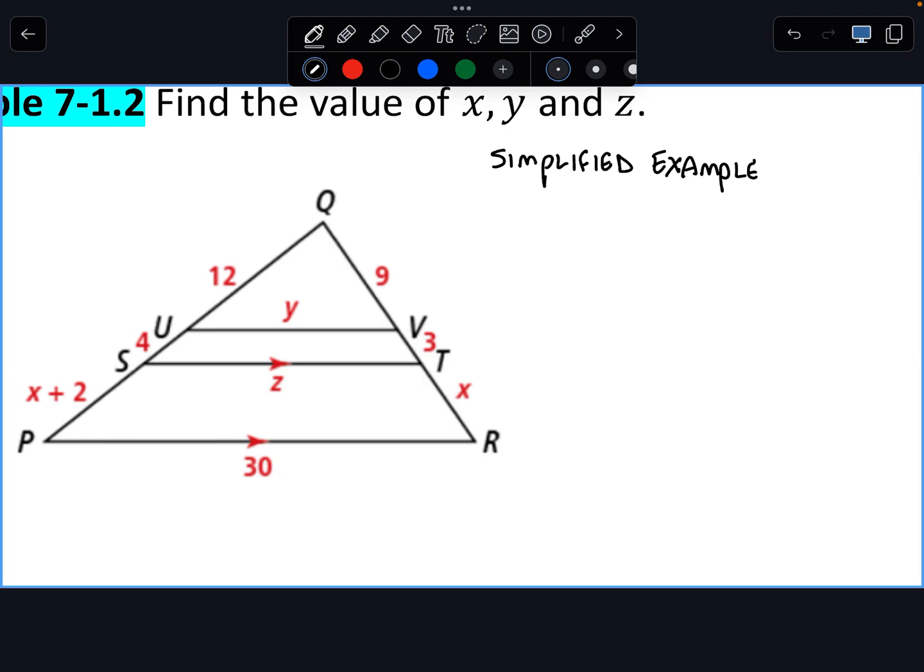And I'm going to simplify this example by taking segment UV out of my triangle. So I'm going to draw my triangle PQR.